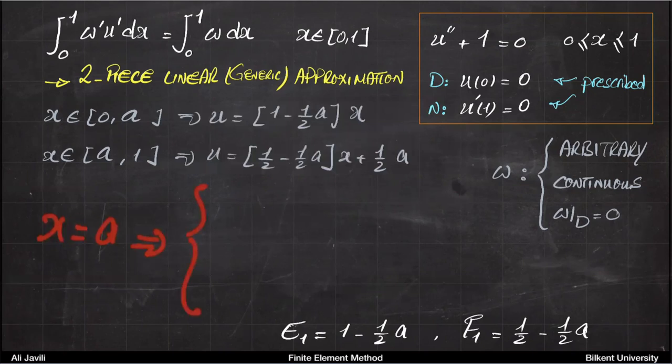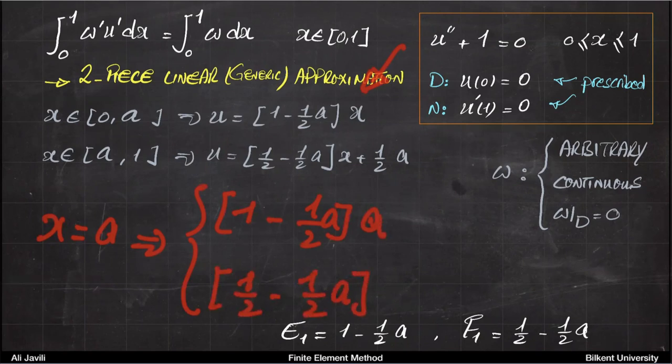At X equals A, the first one gives you (1 minus 1/2 A) times A. The second one gives you (1/2 minus 1/2 A) times A plus 1/2 A, which if you compare them, you see they are also equal.